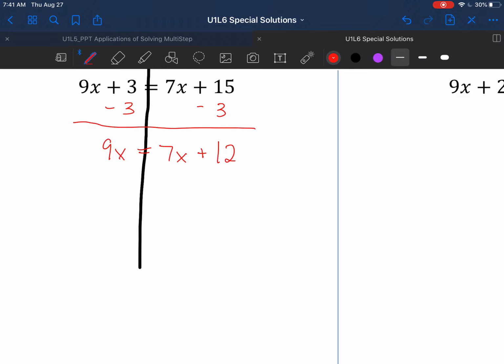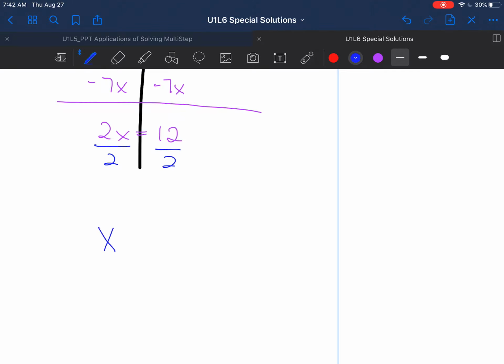Since we didn't need to distribute or combine like terms, I'm applying inverse operations. I am going to move the variables all on the same side. And we get 2x is equal to 12. I like the way this looks because now we can take the last step and divide by 2, and so we get that x is equal to 6.